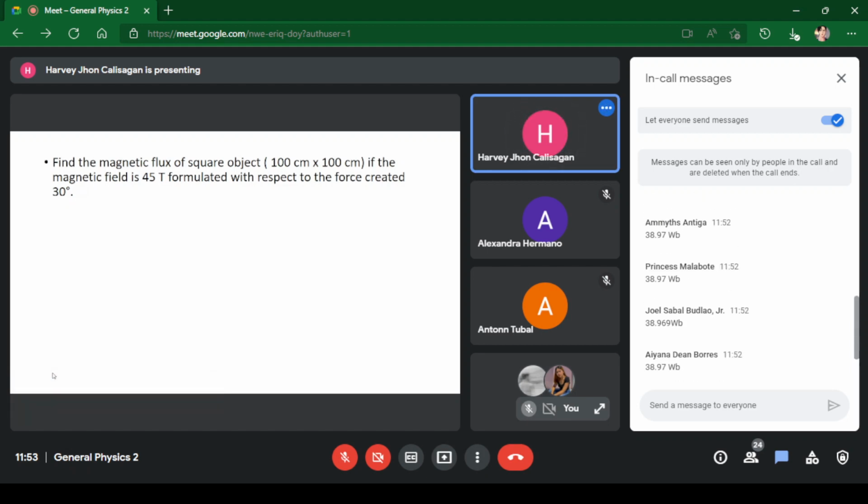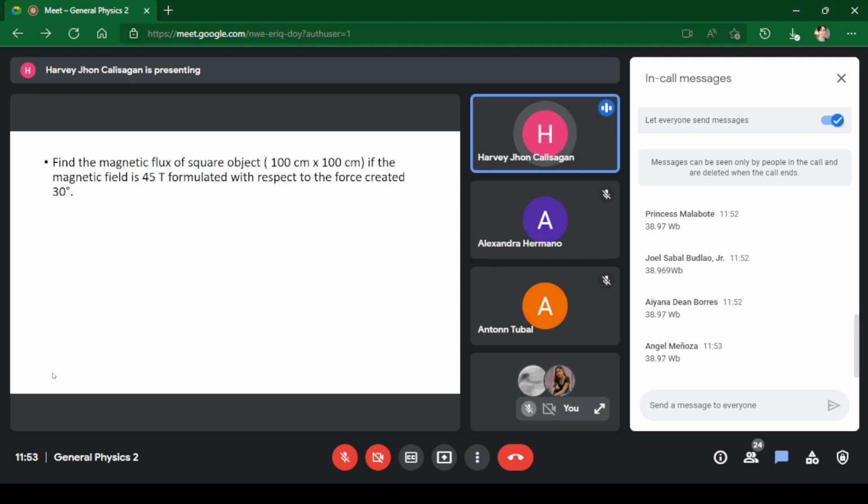Your answers are correct. All of your answers are correct. We have 38.97 because what we did is just multiply everything. We have 45 Tesla times 1 meter, because you convert it into meters, times the cosine 30. So we have 38.97. Yes, Melody, your answer is also correct.